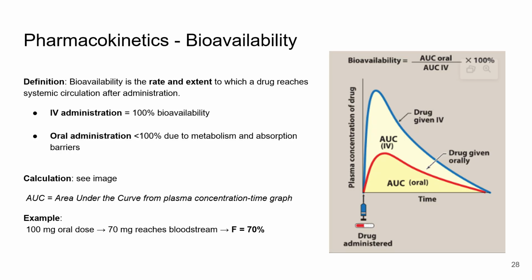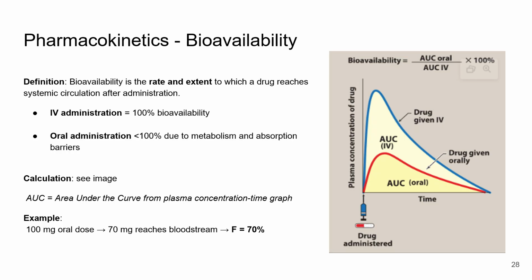There are no absorption barriers, there is no initial metabolism it has to undergo. With oral administration, bioavailability will always be less than 100% because we have several factors. So incomplete absorption in the GI tract, the fact that it has to go through first pass metabolism in the liver, so that can lead to inactivating a portion of the drug before it reaches the systemic circulation.